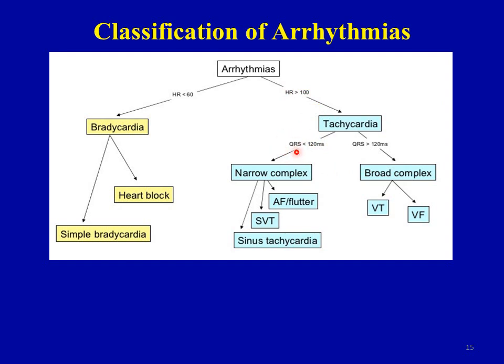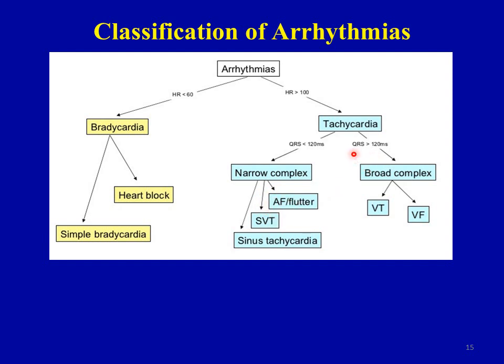If the duration is less than 0.12 seconds or less than 120 milliseconds, it is called narrow complex tachycardia, and the narrow complex tachycardia includes sinus tachycardia or the supraventricular tachycardias, including the atria and the AV junction.